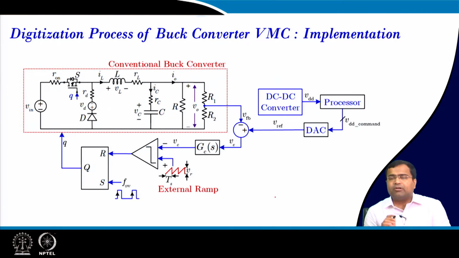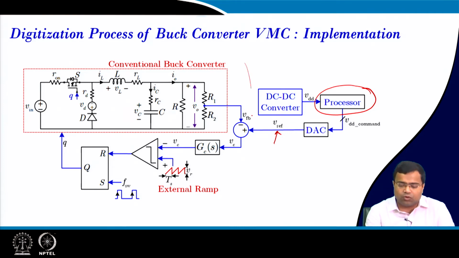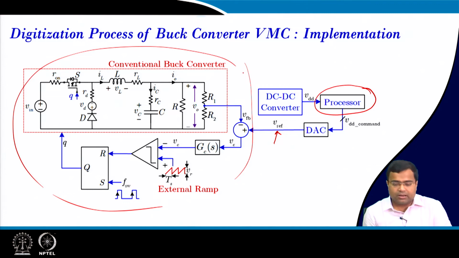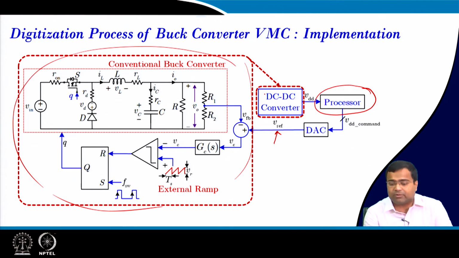Overall, the system looks like this: the processor is supplied by the DC-DC converter and asks for a certain voltage, and we program this VREF accordingly, and the whole loop is analog. You can see this DC-DC converter is the one actually supplying the processor. So in this case everything else is analog, but the reference voltage programming is digital.